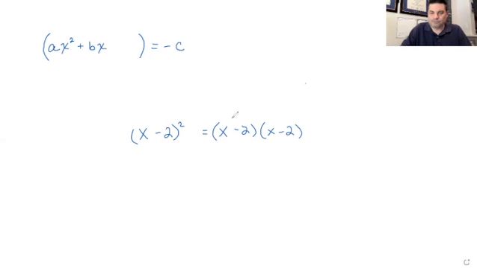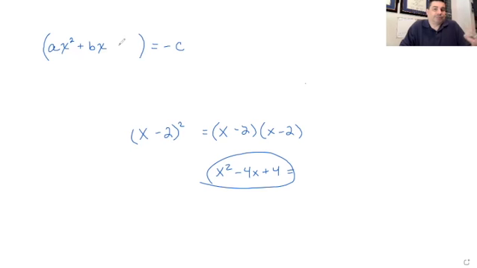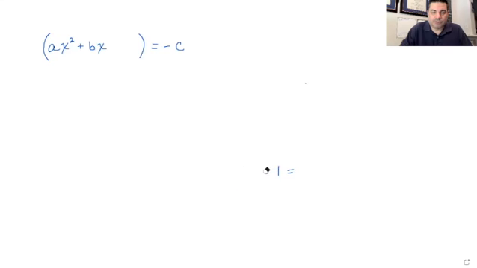If you multiply that all out, you get x squared minus 4x plus 4, because negative 2 times negative 2. And that is a perfect square trinomial. So that's what I'm going to make out of this ax squared plus bx plus something, right? So I'm going to make a new perfect square binomial.